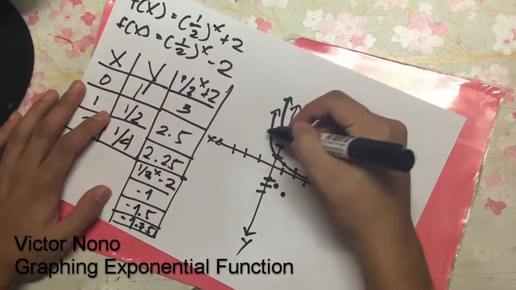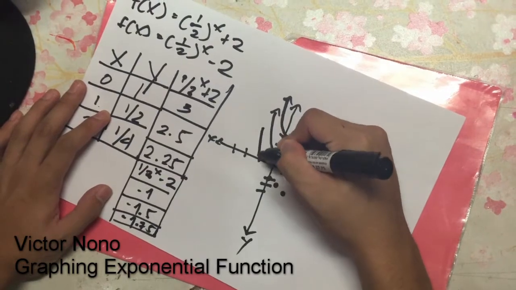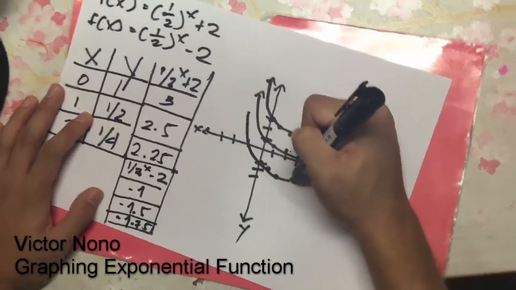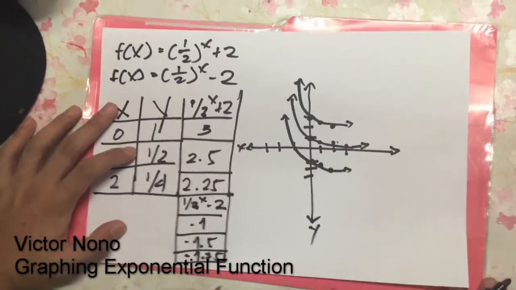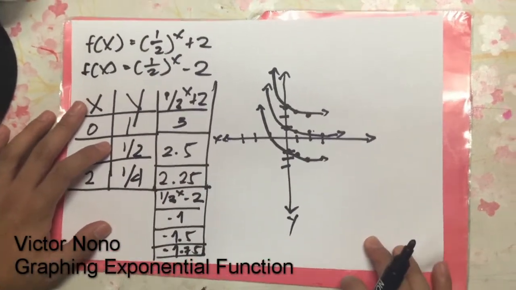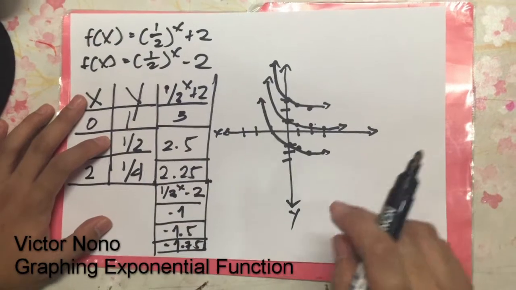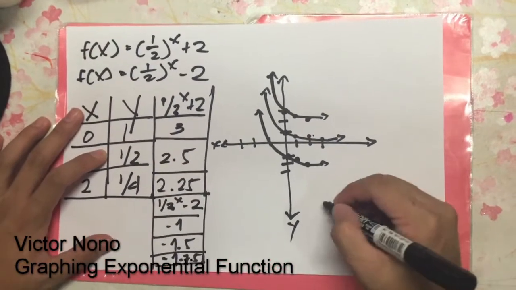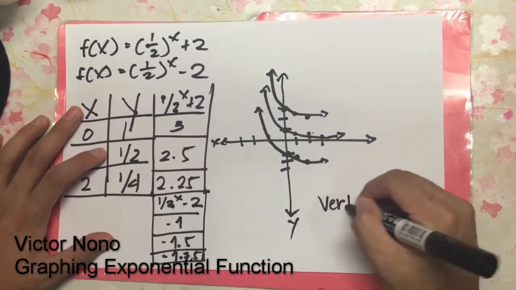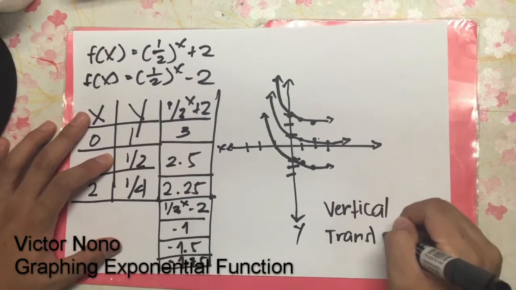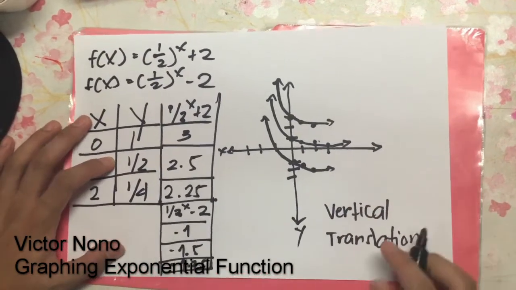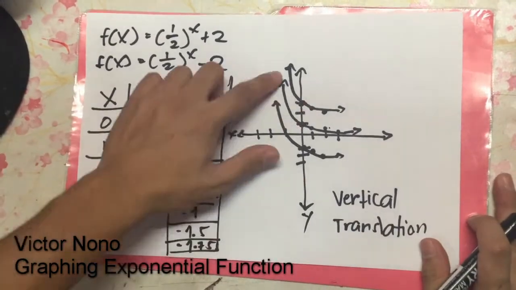So the graph will be like this. So the graph is a vertical translation because, as we can see, the line is going upward.